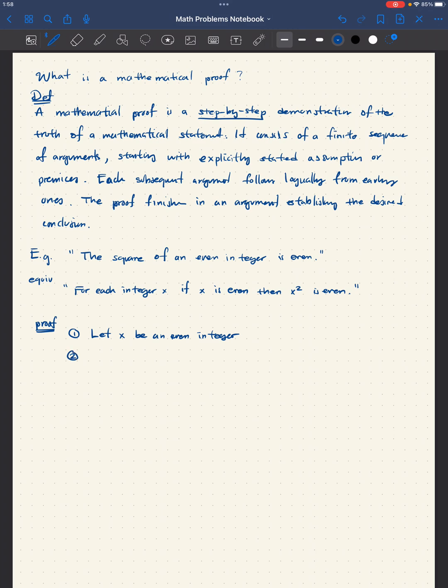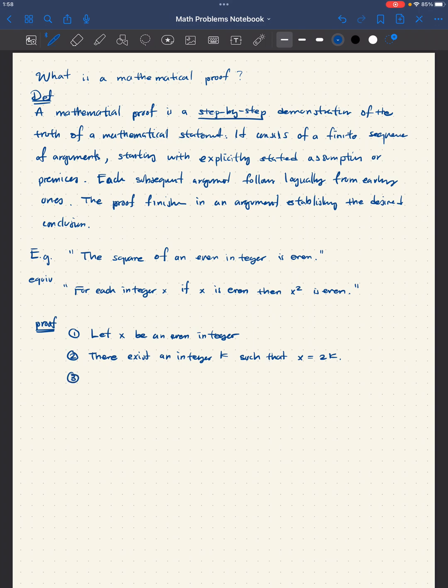Well, it means that there exists an integer k such that x is equal to 2 times k. Just another way of saying that x is even.